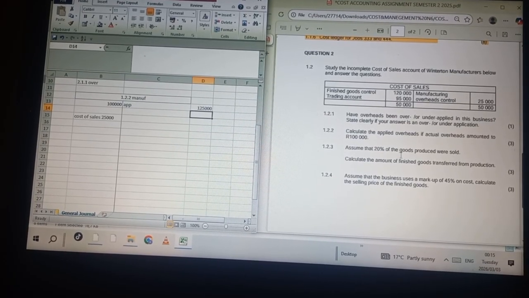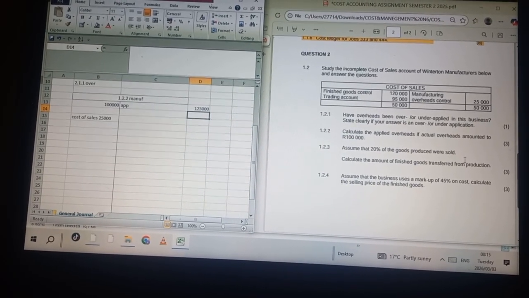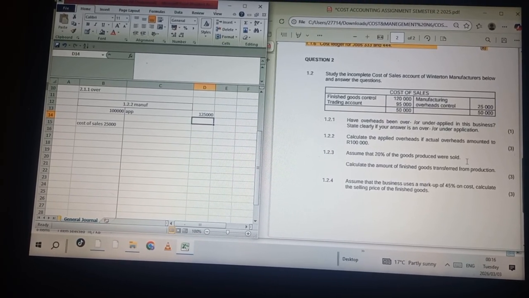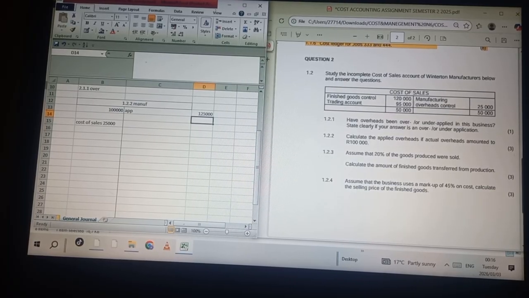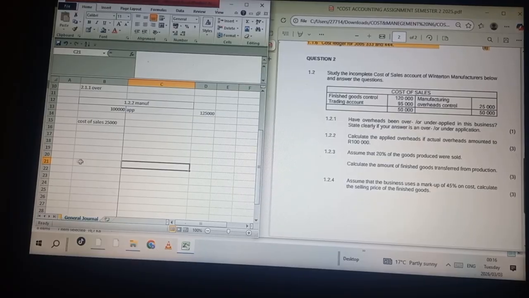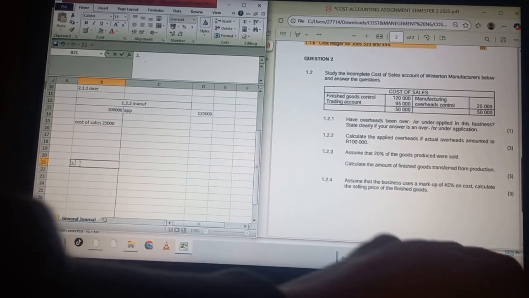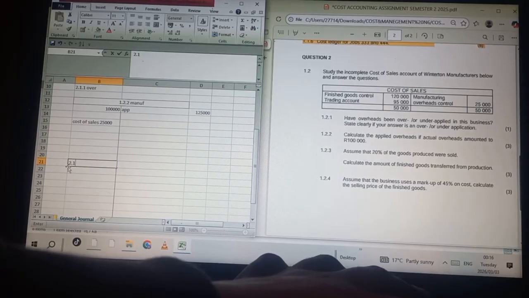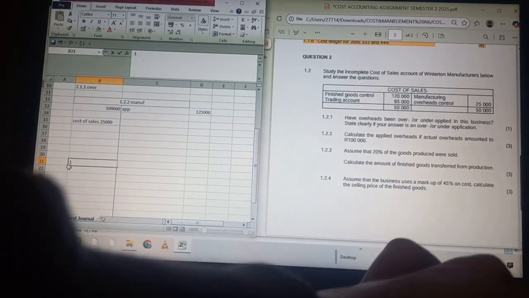1.2.3, assume that 20% of the goods produced were sold. We assume now that of the 120,000 finished goods, 20% were sold.